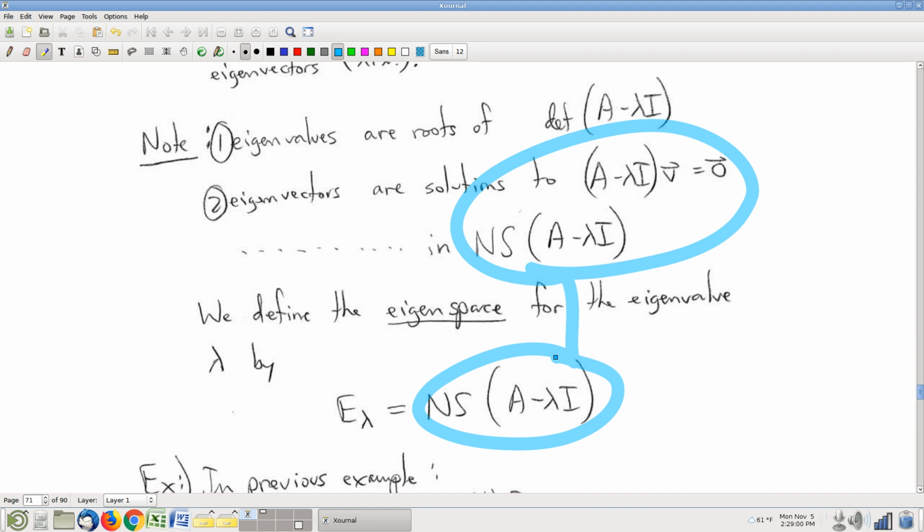The whole point to this vector space is that it's a vector space of eigenvectors. So we call it an eigenspace. Just terminology. Eigenspace means the null space of A minus lambda I corresponding to that eigenvalue lambda.